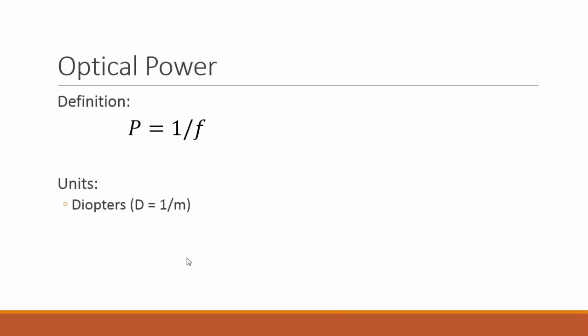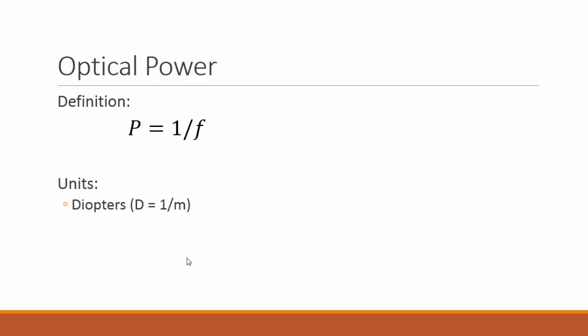One other thing, which is going to be related to our discussion in optometry that will be coming up, is something called optical power. We've been describing the lenses in terms of the focal length, which is a very useful way of describing them, but it's not commonly how it's used in optometry.